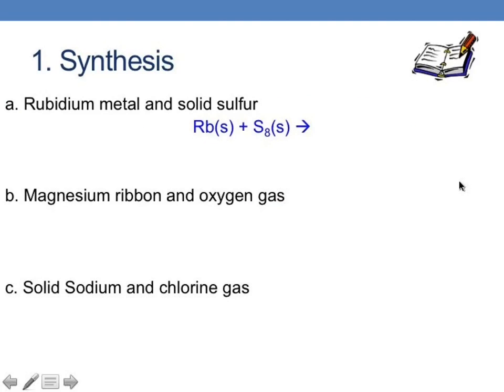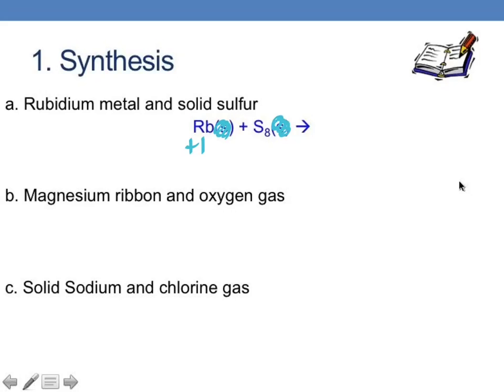All right, let's do some problems here. Rubidium metal and solid sulfur. What is it going to make? Well, let's not even do the equation or the balancing yet. I just don't want you guys to focus on that. So Rb has a charge of what? Plus 1.